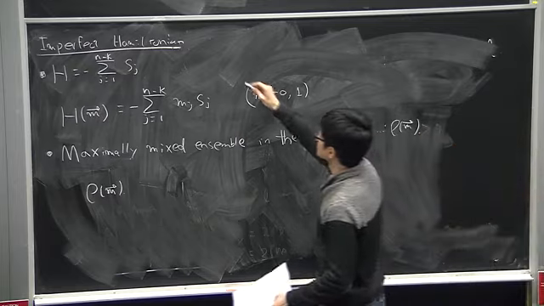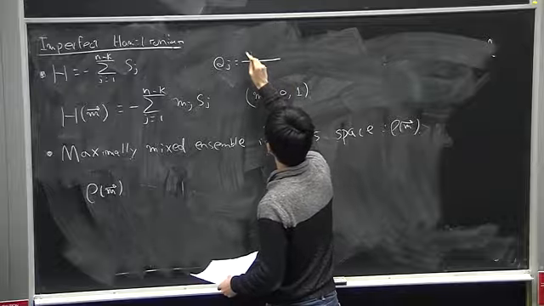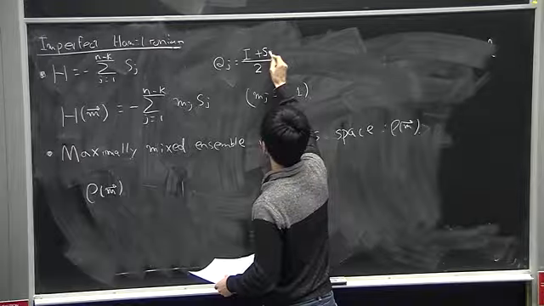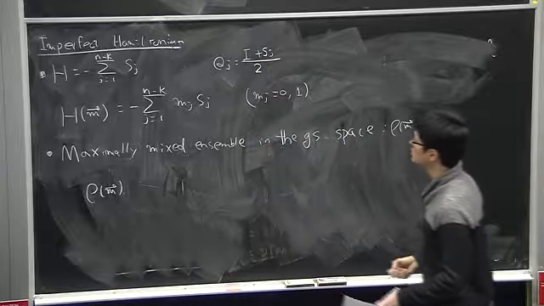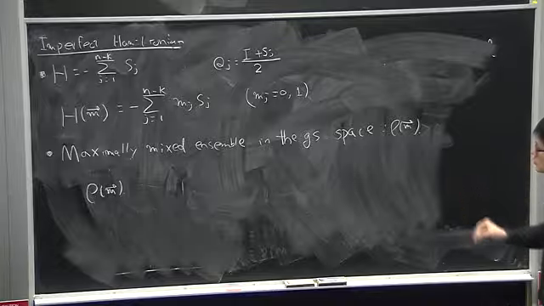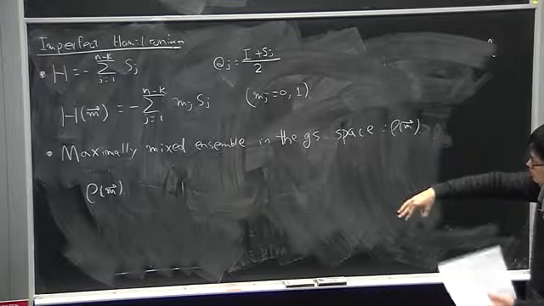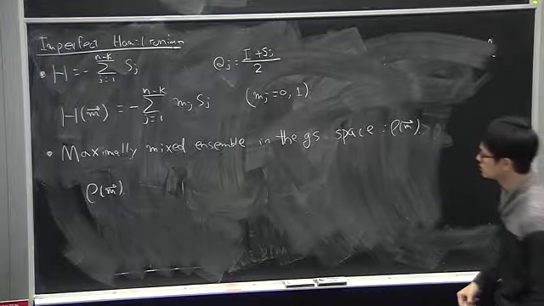Now, I guess we have been using this property many times, but this Q_j operator, (I plus S_j)/2, is a projector, which projects you into the ground state of the Hamiltonian.